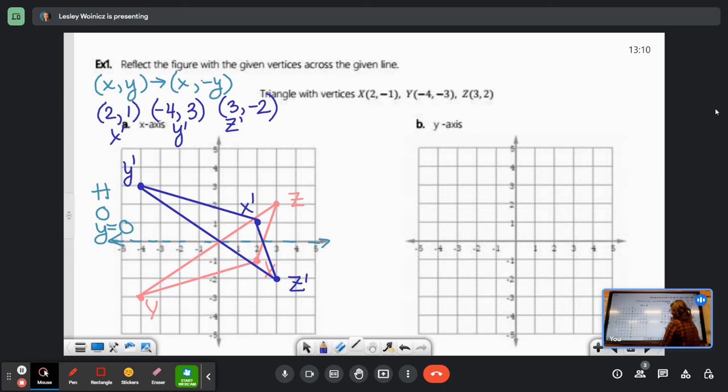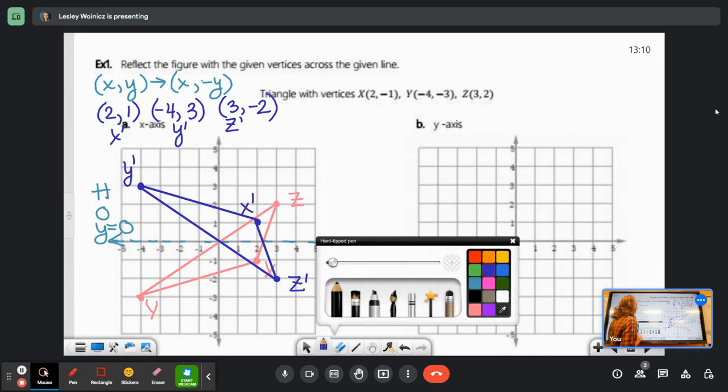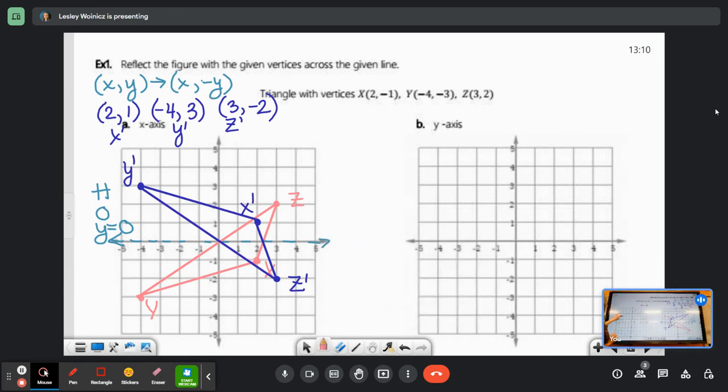Now we're going to reflect our figure in the y-axis. So we're going to start with our same starting points. Doesn't really matter what order we graph them in. Here is X, and Y is down here.